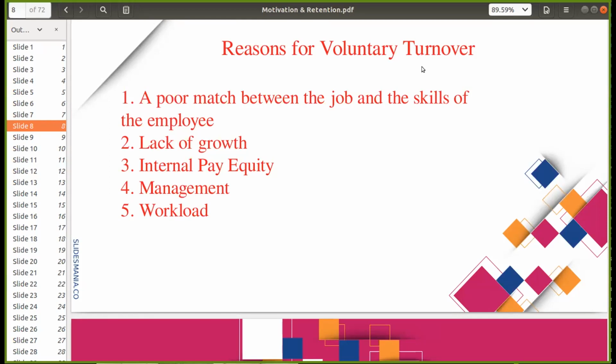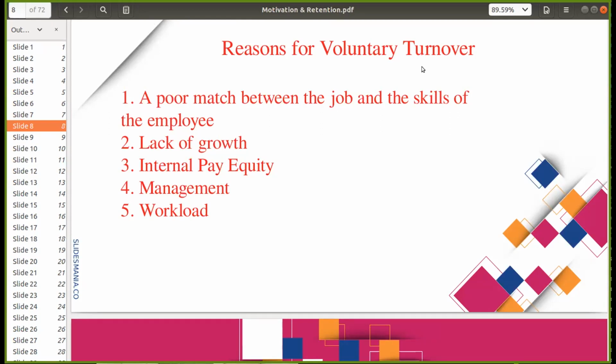So, pagka na-discover na ni HR yung causes ng voluntary turnover, then they can develop retention strategies to reduce turnover. And these are some of the reasons why employees leave the company or organization.